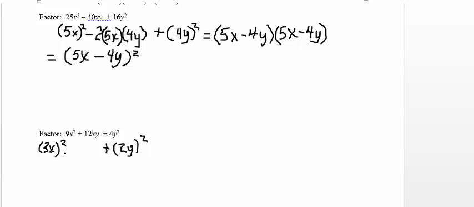So the question is the middle term, and since the operation in front of the middle term is addition, there will also be an addition here. Is that middle term 2 times a, which is 3x, times b, which is 2y?